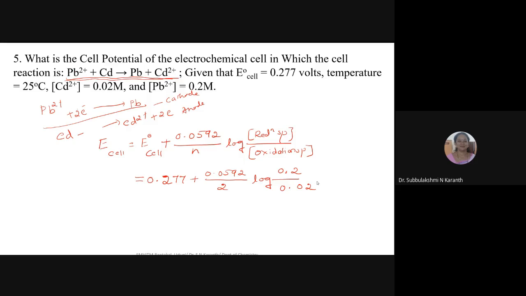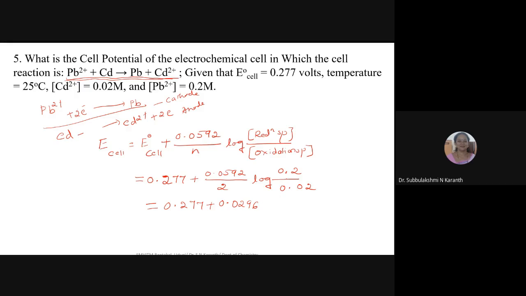See here, I took a positive sign, so the numerator term is reduction by oxidation. The reduction species is lead. The oxidation species is cadmium. Now that equals 0.277 plus 0.0296.